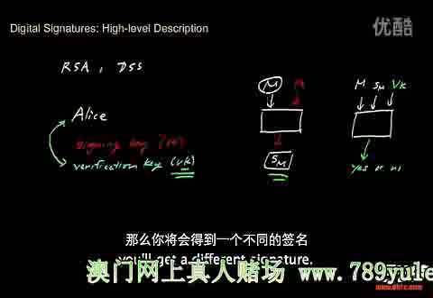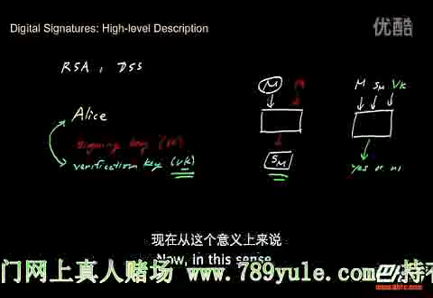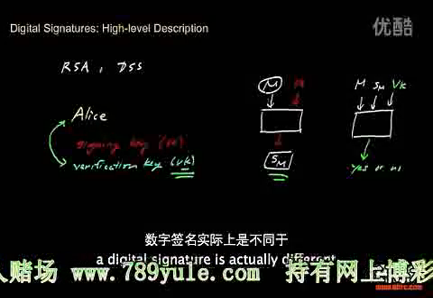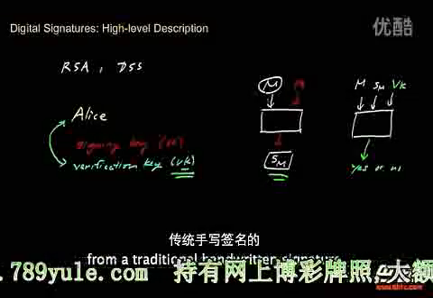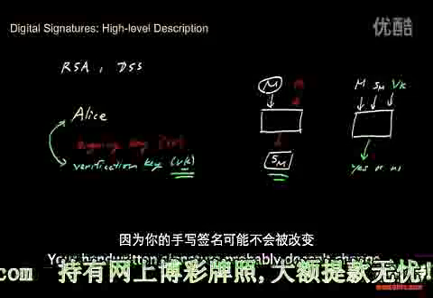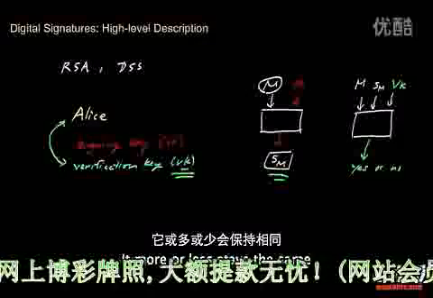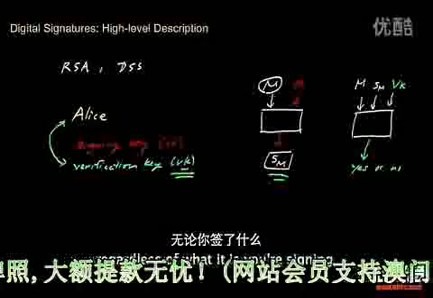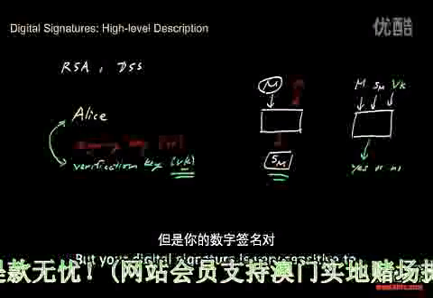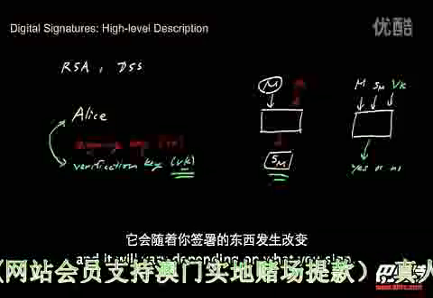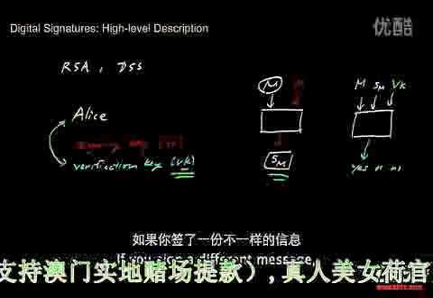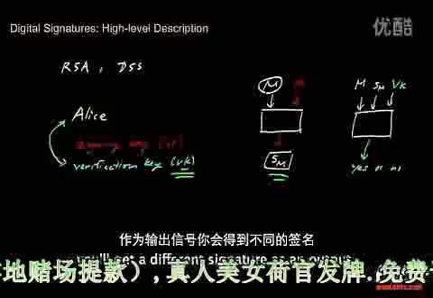If you change the message, you'll get a different signature. Now, in this sense, a digital signature is different from a traditional handwritten signature. Your handwritten signature more or less stays the same regardless of what you're signing. But your digital signature is very sensitive to what you're signing, and it will vary depending on what you sign. If you sign a different message, you'll get a different signature as an output.